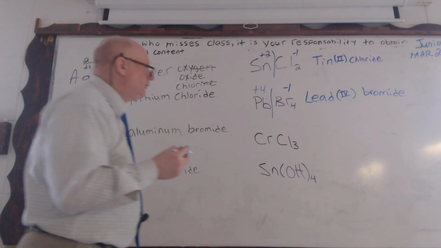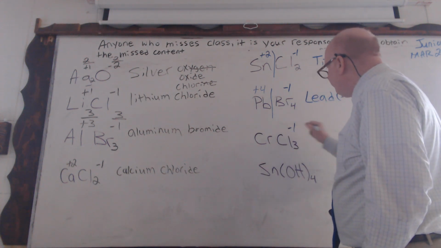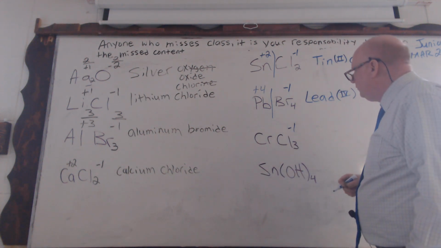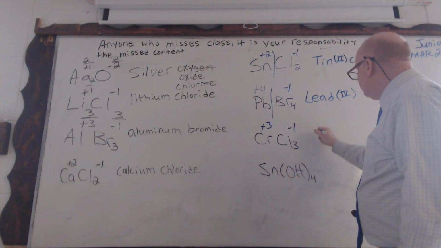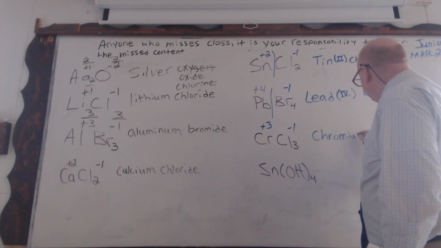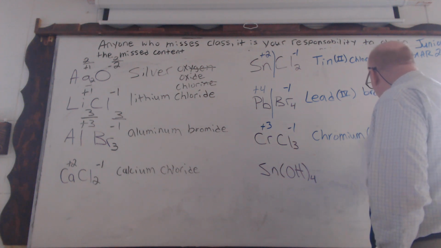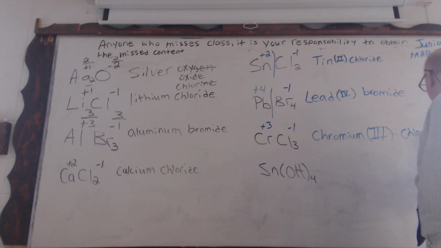So on the chlorine side, it's a -1. Yep. And the other side is +3, and that would be -3. So chromium(III) chloride. That is correct.